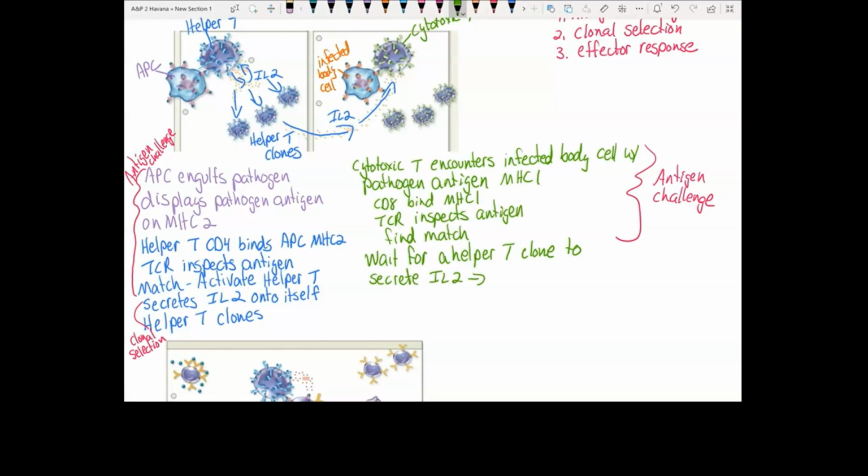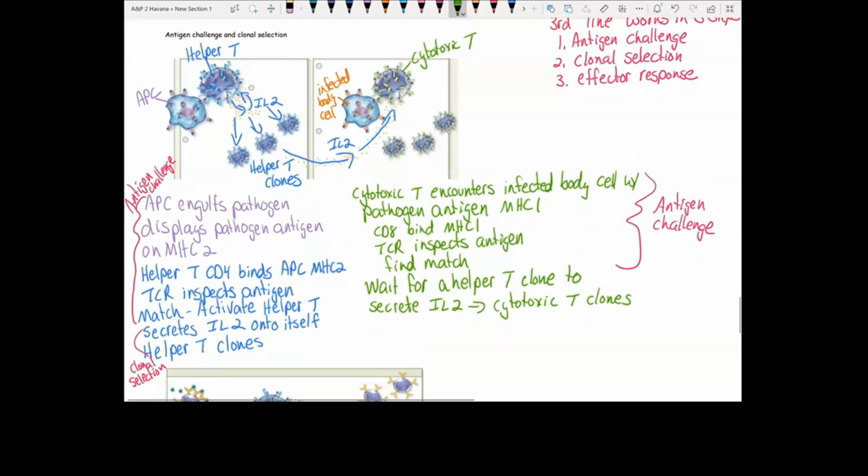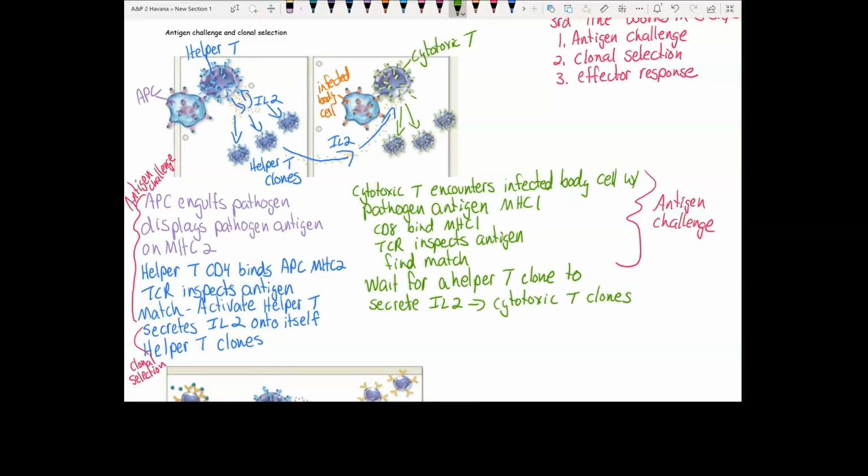And then this stimulates your cytotoxic T to clone. So now here are your clones of cytotoxic T. So this is your clonal selection. Okay, so you're building up that army.